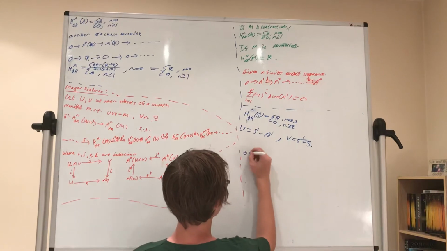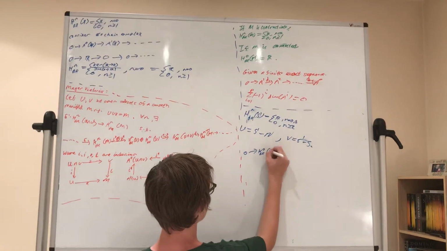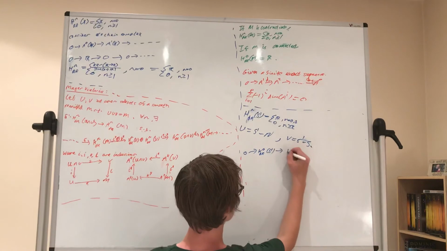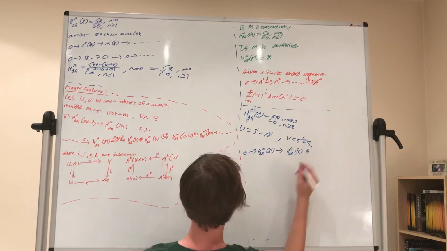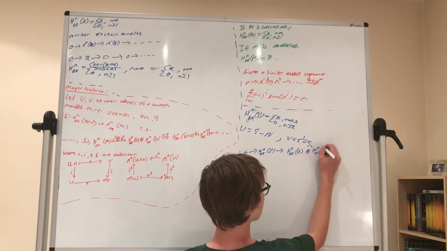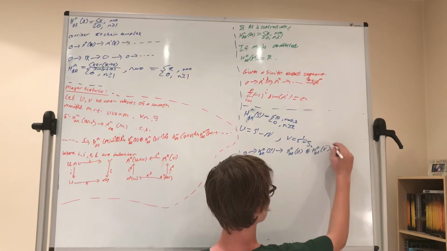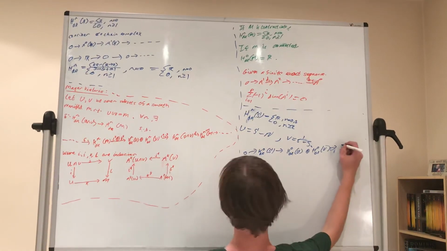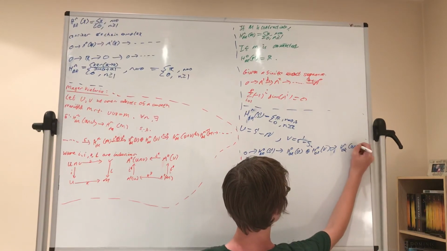So we're going to have 0, and then this maps onto the 0th de Rham cohomology group of the circle, and then this will map onto the 0th de Rham cohomology group of U, direct sum the 0th de Rham cohomology group of V, and then this is going to go to the 0th de Rham cohomology group of their intersection.